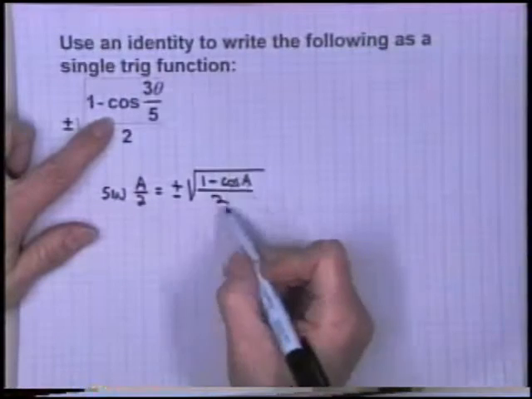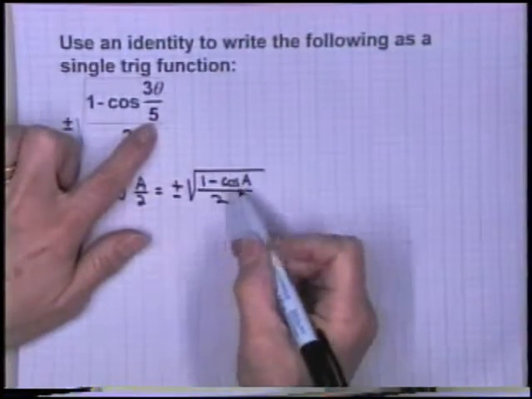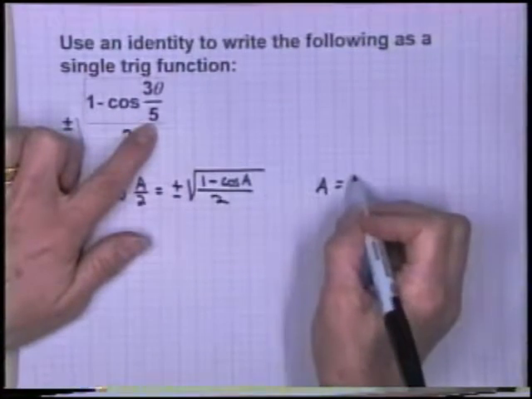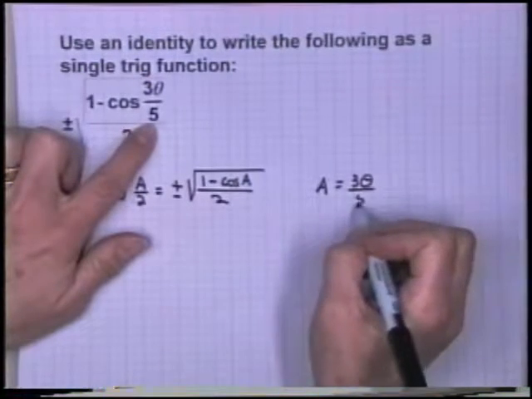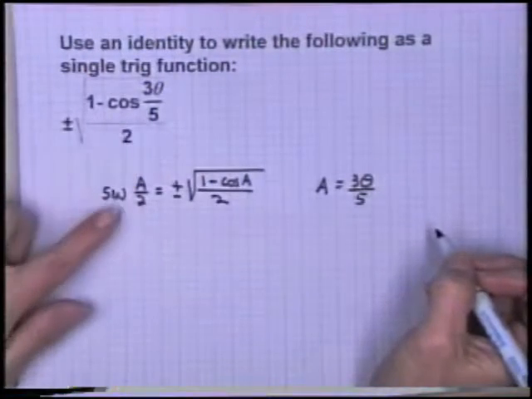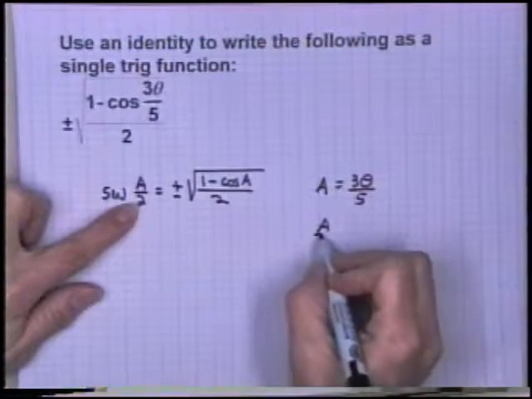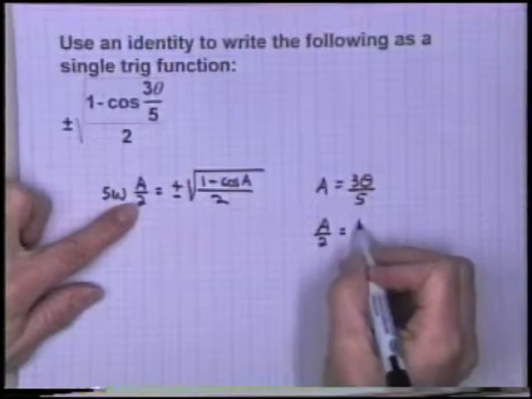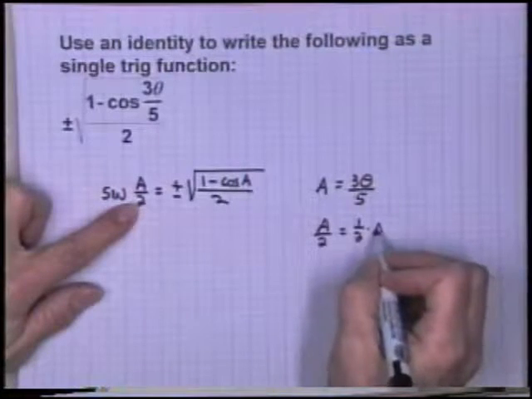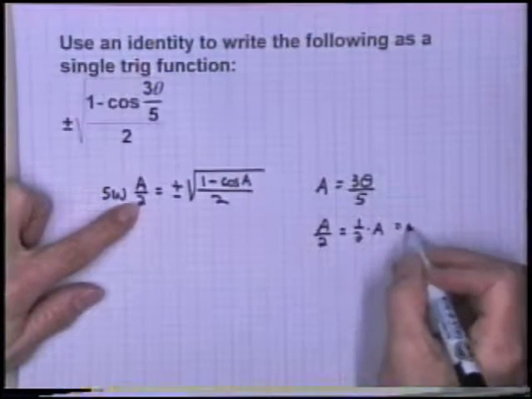Okay, in our problem we have this side over here. So A in our problem is 3 theta over 5. Now what do I need here? I need A divided by 2. Well, remember, A divided by 2 is the same thing as 1/2 times A, isn't it?